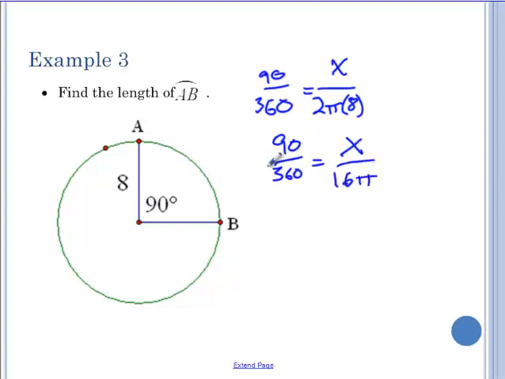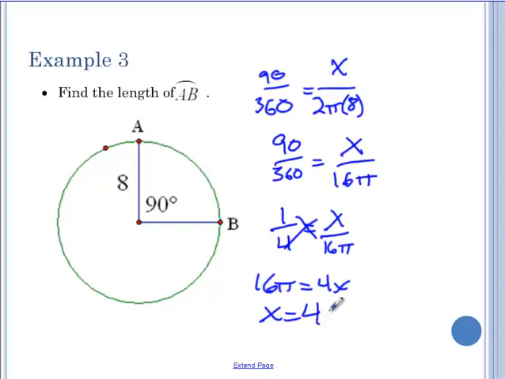Now I could cross multiply here, but 90 over 360 is going to simplify to 1 over 4, which makes it a lot easier for me to do this math in my head. When I cross multiply, 16 pi equals 4x, so x equals 4 pi. So this arc has a length of 4 pi. Notice how there's no m in front of the AB. That tells me I want arc length, not the measure. Otherwise, the measure would just be 90 degrees.